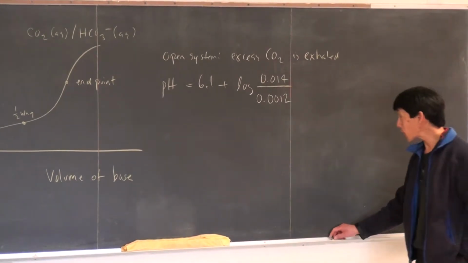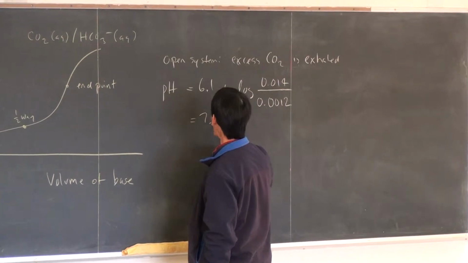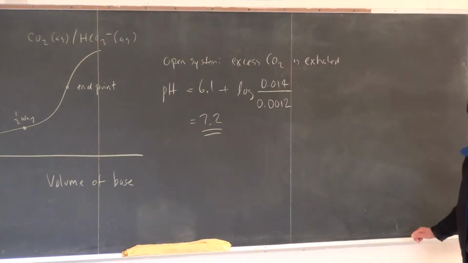Yeah, so in this case here, the pH turns out to be 7.3. Note that this is within that 6.8 to 8.0 range.